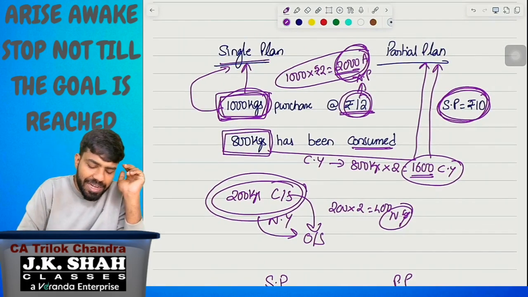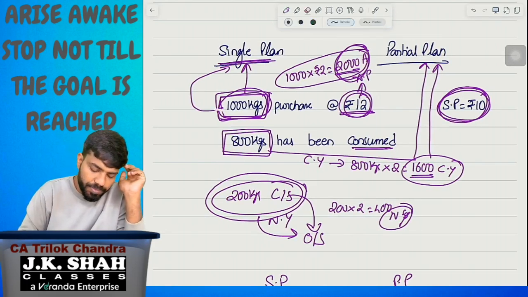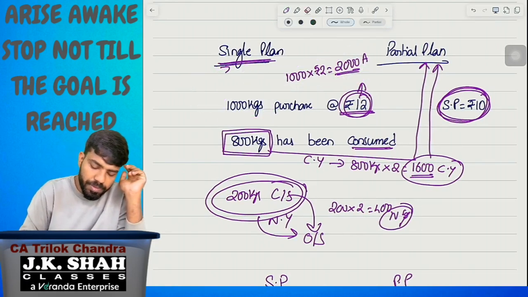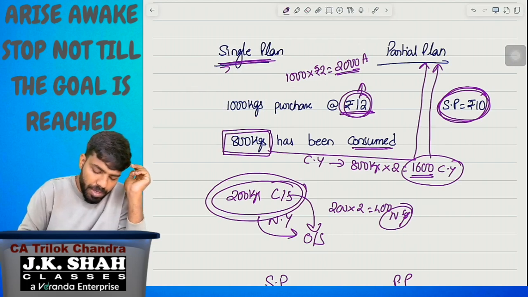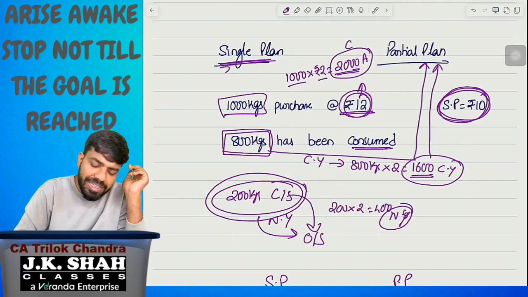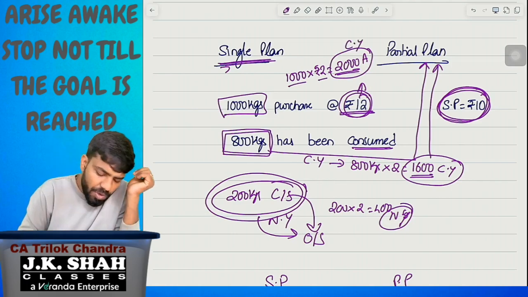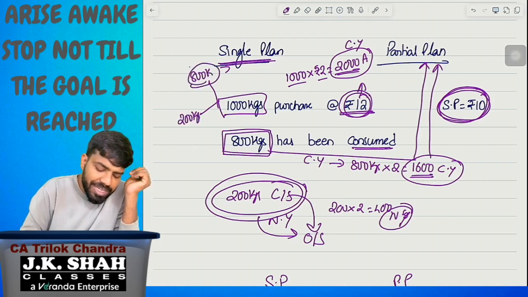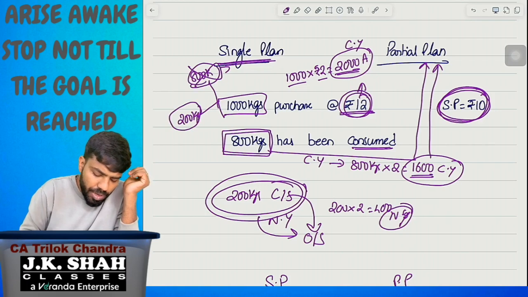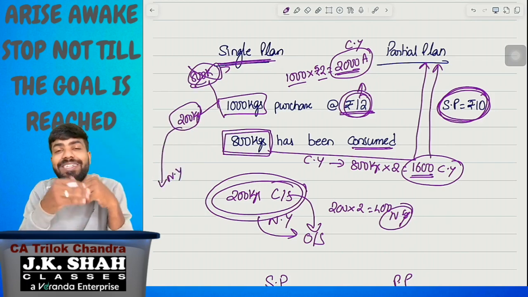If it is single plan, now the question is the closing stock. 1,000 kgs into 2 rupees, 2,000 rupees adverse recorded in the current year. Out of 1,000 kgs, how many kgs consumed? 800 kgs consumed and 200 kgs lying as closing stock. This 800 kgs is okay. Now this 200 kgs has to be taken out to next year.